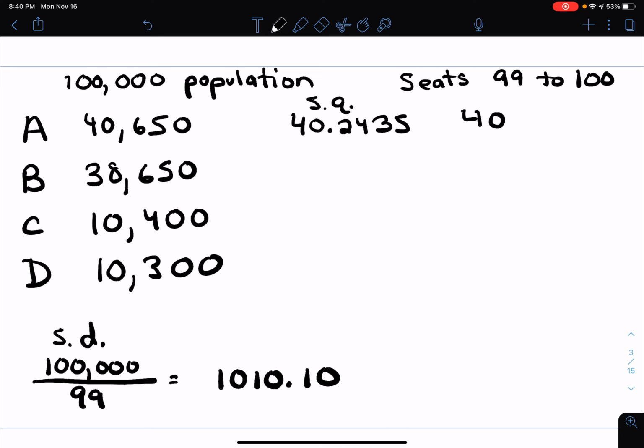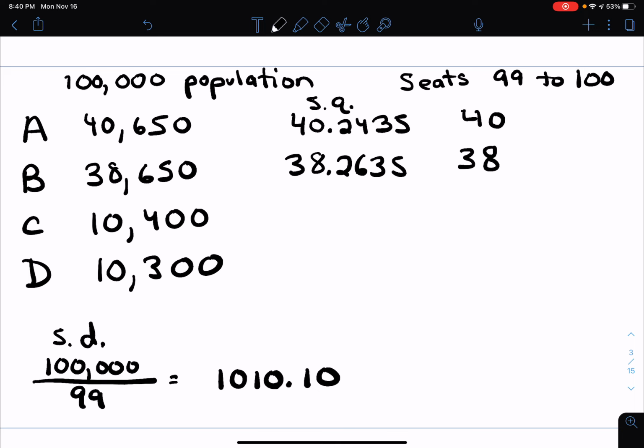Okay, so the next one, 38,650. We're going to divide that by the 1010.10. It's almost a little poetic, saying 1010.10. And I get 38.2635. So the integer part is 38. Then 10,400 divided by 1010.10.